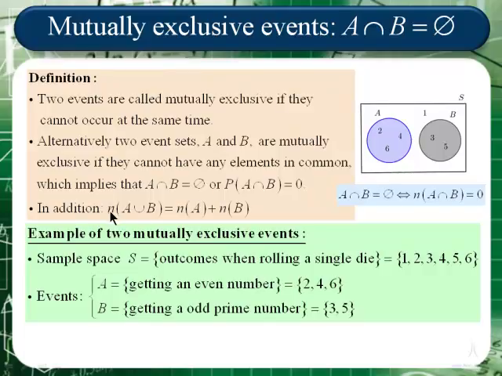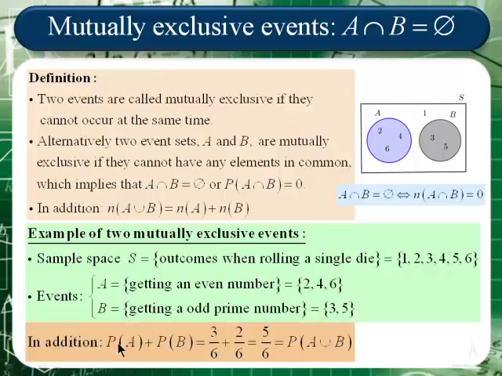In addition, when we have two mutually exclusive events, this relationship will be applicable: the cardinal number of A union B is equal to the cardinal number of A plus the cardinal number of B.